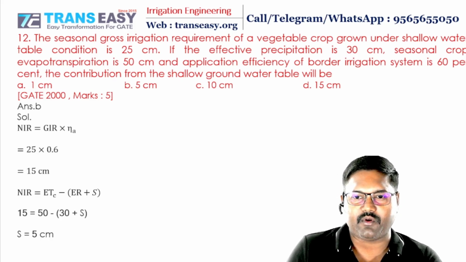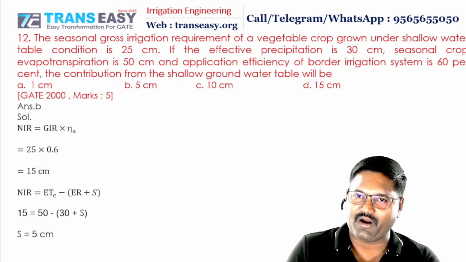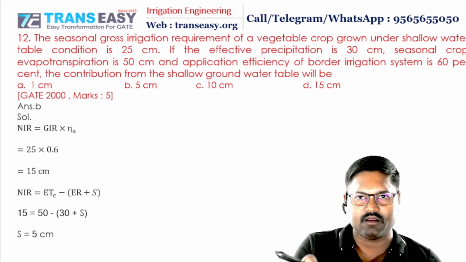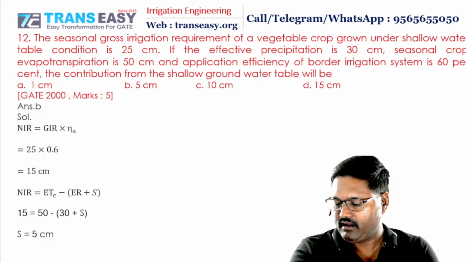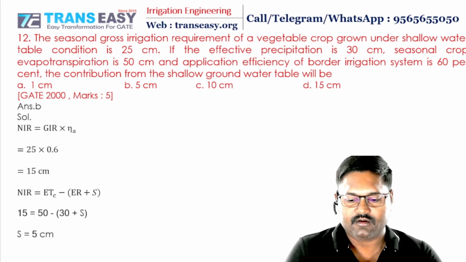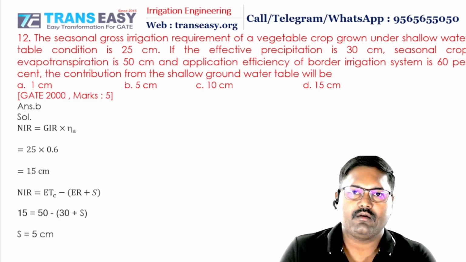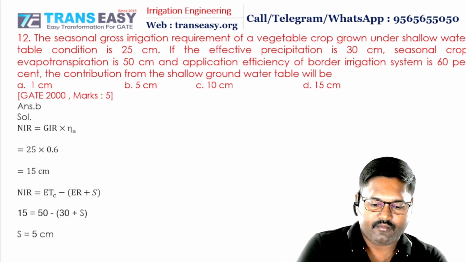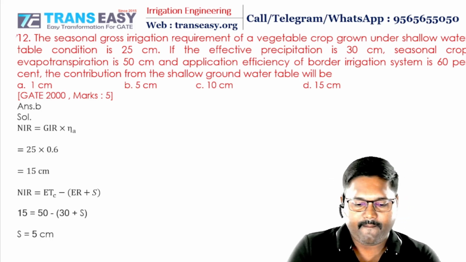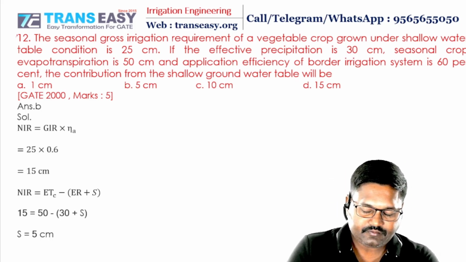The contribution from the shallow groundwater table will be? Here, shallow groundwater table is mentioned in the problem. It means water table is actually contributing in a root zone, right?